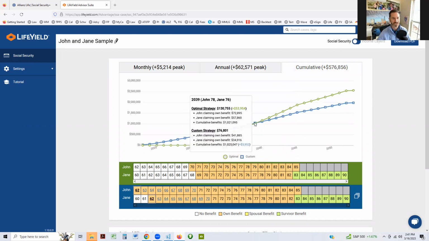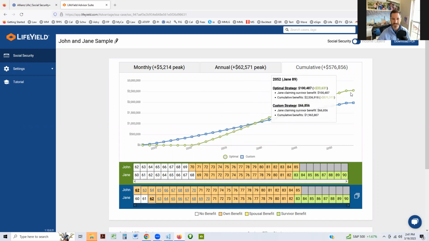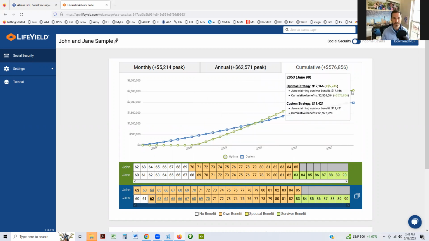And it's around John age 78, Jane age 69. And then the optimal strategy takes over. If all the variables played out the way that they told us, the variables they wanted to input, it comes to about $576,000 more by having this analysis, knowing it ahead of time, running the right strategy.